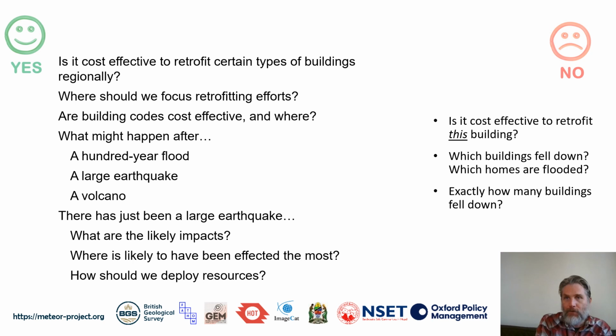I might tell you whether it's cost effective to retrofit this building if this building is a very typical URM, for example, in an area that's high hazard, and you've decided to have a program to mitigate or retrofit all of those types of buildings.